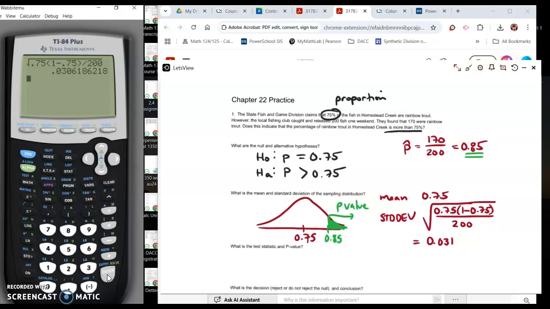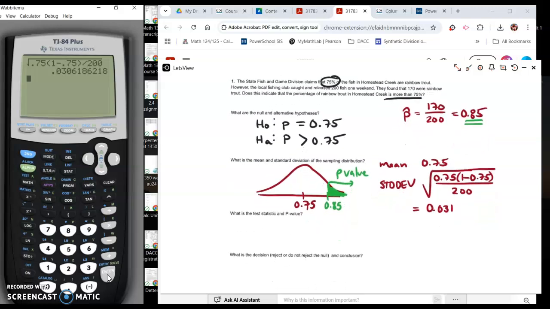So now I have the mean and standard deviation of the sampling distribution, and I want to find the test statistic and p-value to see how rare this sample is if the null hypothesis is true. So my test statistic, remember, test statistic is standard score or z. So z is just 0.85 minus 0.75 over 0.031.